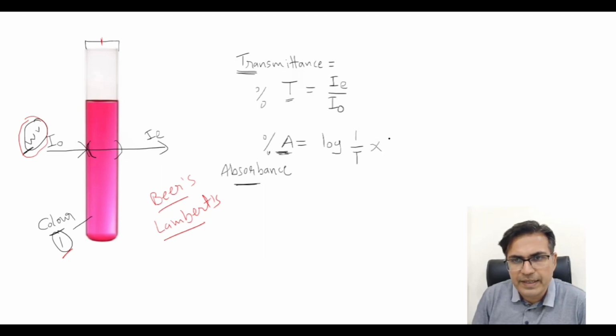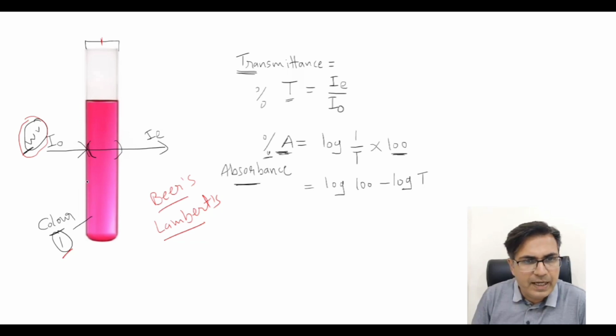So we can write 100 here: absorbance equals log of 100 minus log of T. After putting in the colored test tube, suppose the transmittance is 70%.